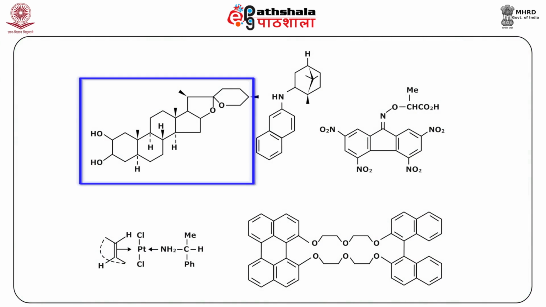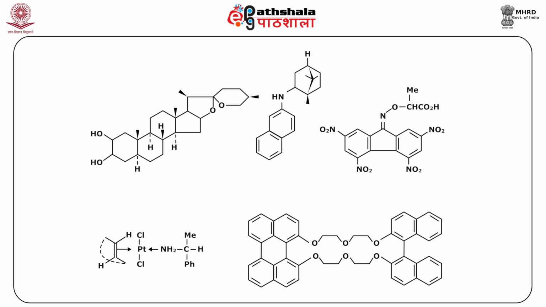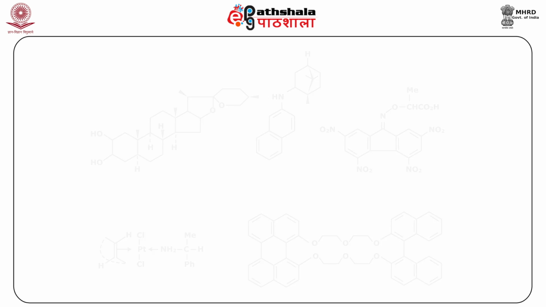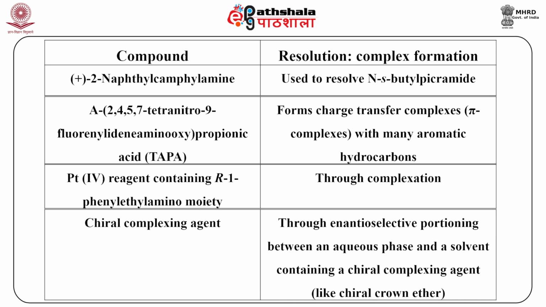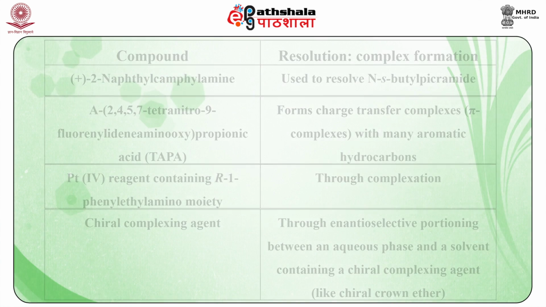Digitonin, as shown in the figure, which is a steroidal saponin, forms addition complexes with various alcohols, for example alpha terpineol, isocarbomenthol, and phenolic compounds, which can be preferentially crystallized from appropriate solvents and then decomposed to give enantiomerically pure alcohols and phenols. A list of the compounds with the resolution carried out with the complex formed is given here in the table.